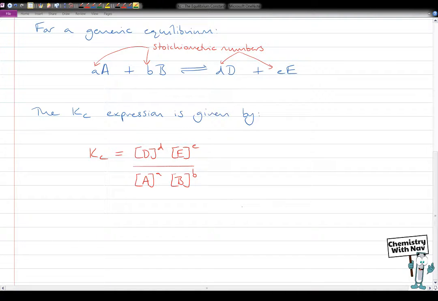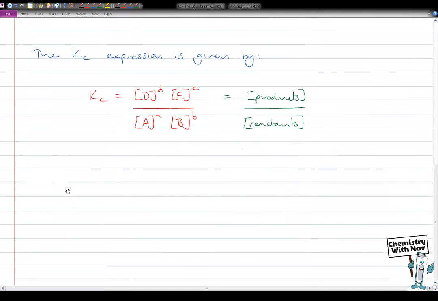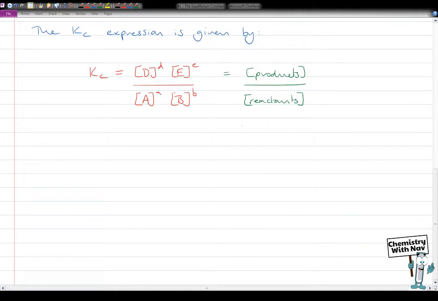And what that is really is looking at the concentration of the products over the concentration of the reactants. So the Kc expression tells us about the ratio of products and reactants that we have present in that mixture. So let's look at the value of Kc.